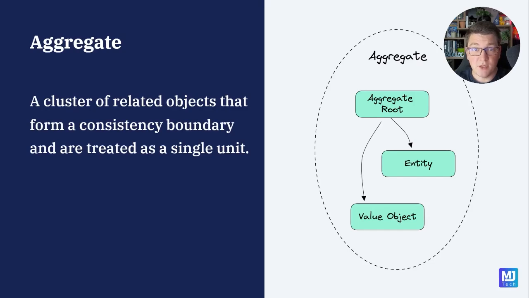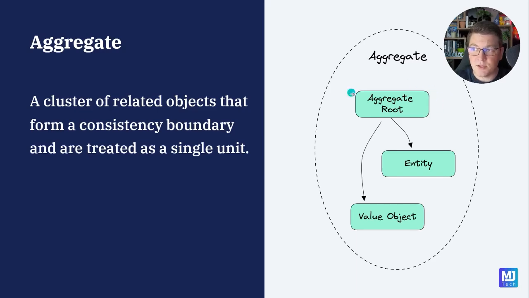We also have the concept of an aggregate, which is a term that gets thrown around a lot, but is actually really simple. An aggregate is a collection of related objects that are treated as a single whole for the purpose of data persistence. In other words, we use the concept of an aggregate to create a logical boundary around a set of entities or objects in our domain to enforce the consistency inside of the aggregate's boundary.